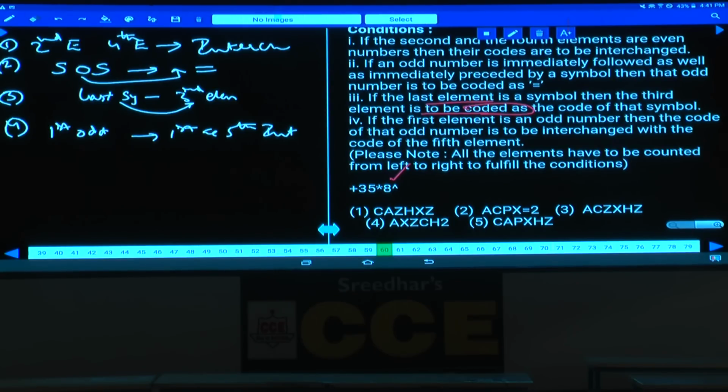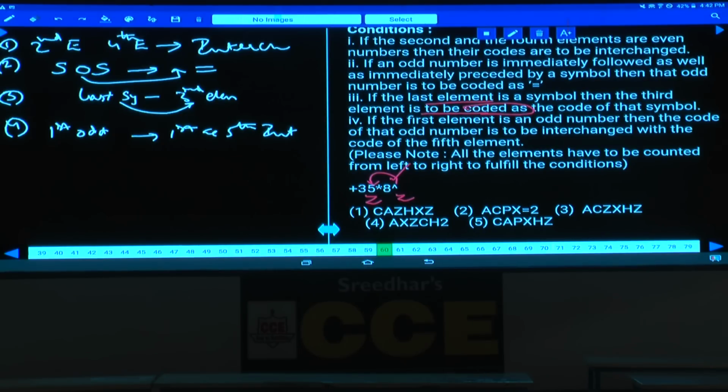What is the code of this symbol here? Z. The third letter should be coded as Z. Hence for 5, it must be Z. The third element is Z and the last element is also Z. The remaining codes must be according to the table only.